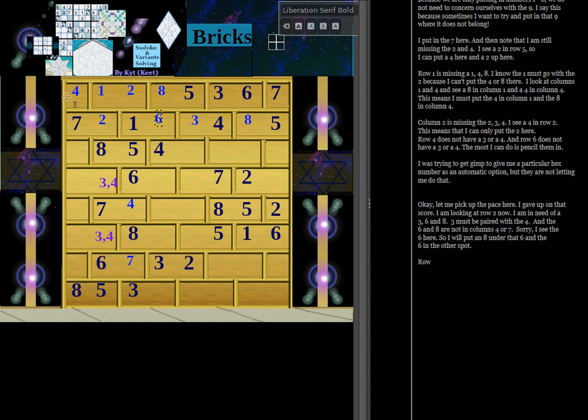Row 5 is missing the 1, 3, and 6. I see that column 4 has a 3, so I cannot put a 3 there. 1 and 6.